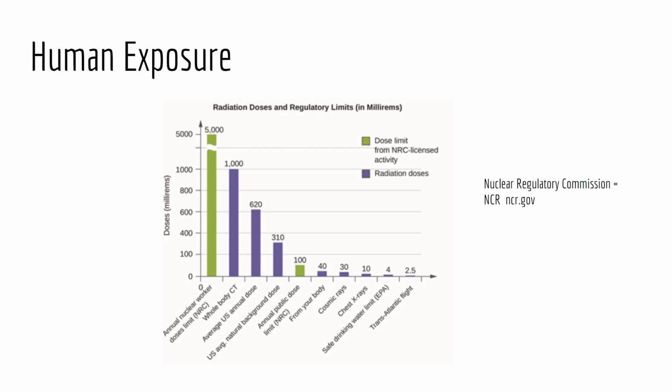If you go back, just from background, you can see the background dosage and then the annual dosage for Americans. And then if you get a whole body scan, there's a lot of exposure. And if you work at a nuclear facility, you get even more.